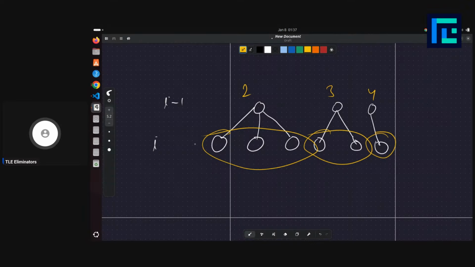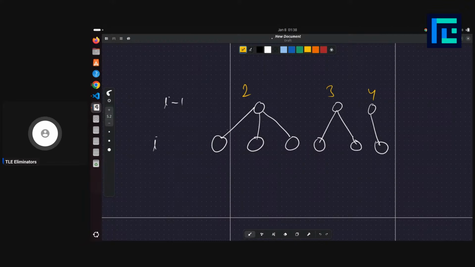But I also want to fill all of these colors. I also want to ensure that all of the nodes have different colors, right? I want that these 3 nodes should not have color 2, these two should not have color 3, and this should not have color 4. But someone should have, right?